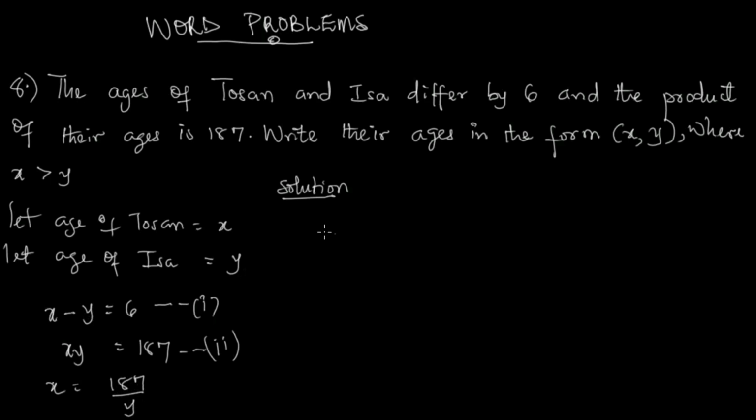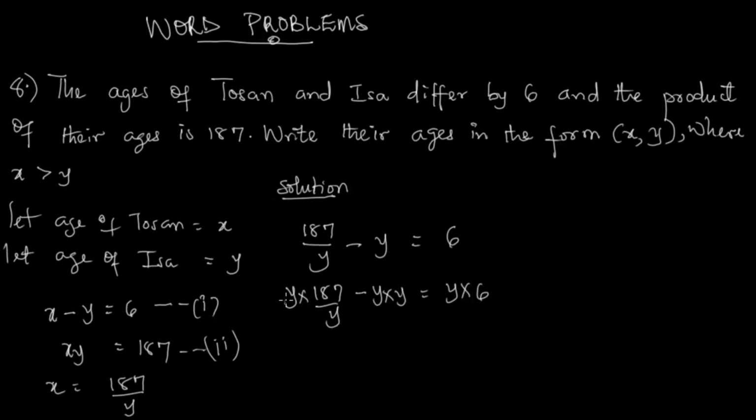We're going to have 187 over y minus y equal to 6. Okay, so we have y as a fraction. We can multiply through by y. So we can say y times 187 over y minus y times y equals y times 6.